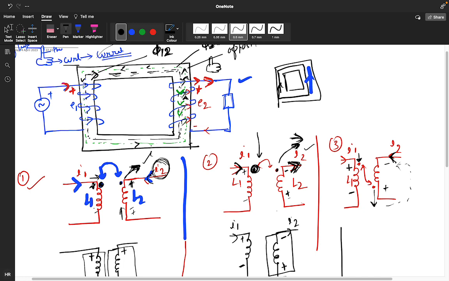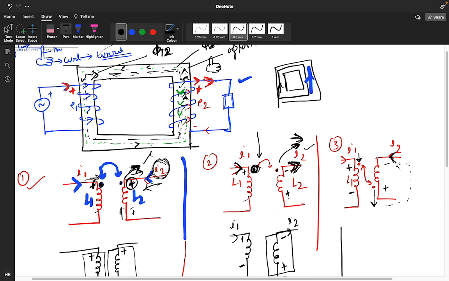This is your positive terminal and the current is entering in this terminal, so it should leave, and the actual direction of the current they had given is like this. So this is opposite. In that opposite case, we are making the dot a positive part, right?